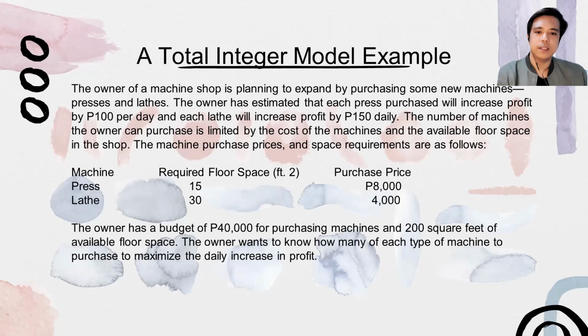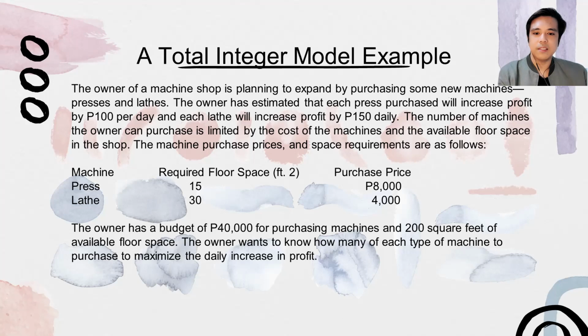The owner of a machine shop is planning to expand by purchasing some new machines, presses and lathes. The owner has estimated that each press purchased will increase profit by 100 pesos per day, and each lathe will increase profit by 150 pesos daily. The number of machines the owner can purchase is limited by the cost of the machines and the available floor space in the shop. The machine purchase prices and space requirements are as follows.